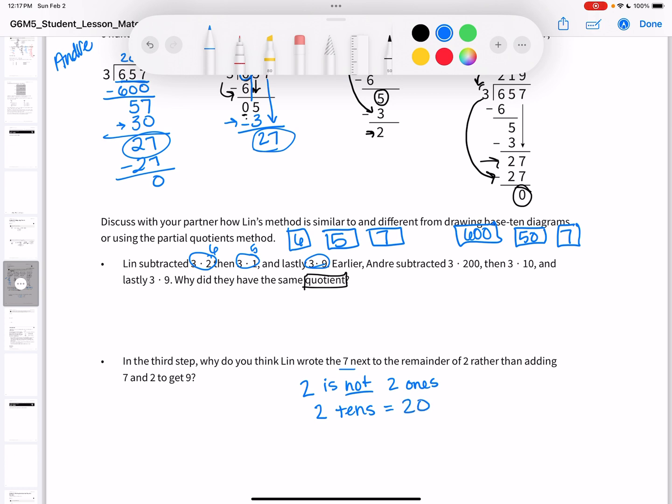And the 7 is actually 7 ones. So if we were to add them together, we would be using this 2 to represent 2 ones to get us 9 ones. But that's not how it is. It's actually 20 plus 7, 2 tens plus 7 ones to equal 27. Okay.